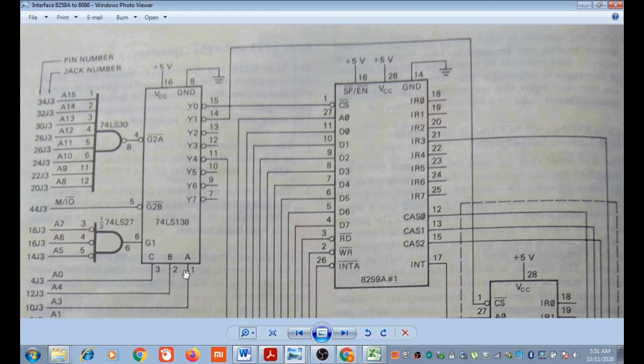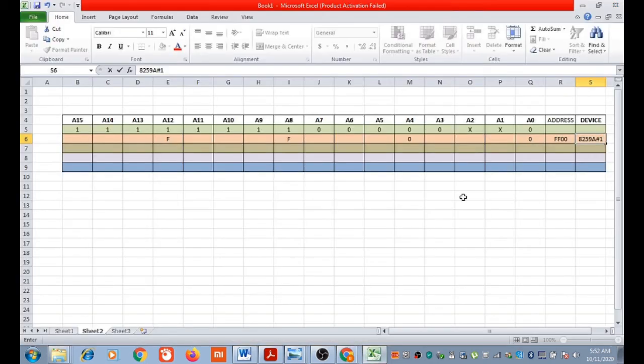001, that is A should be 1. A should be 1 means the A3 pin of 8086 should be 1. Okay, this is the only change. A3 pin is 1. Okay, let us mark that A3 pin is 1. Others are same.